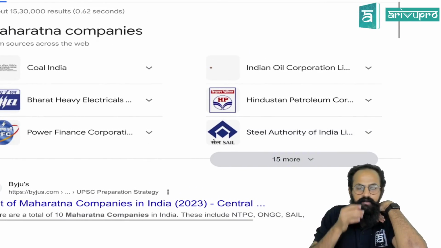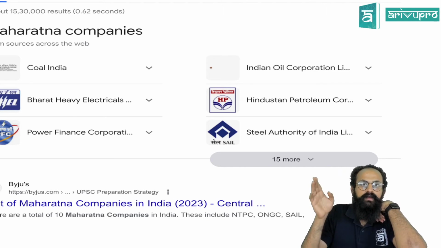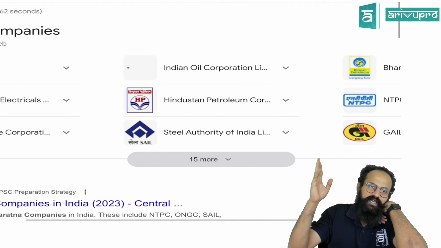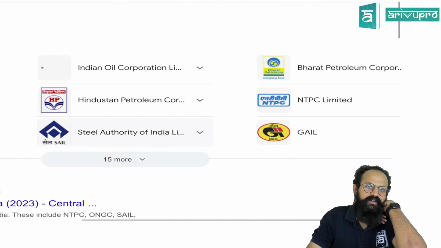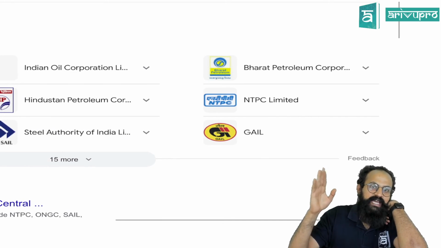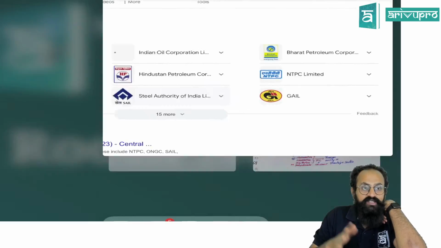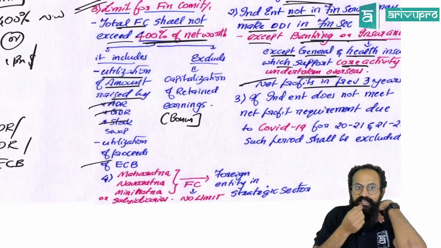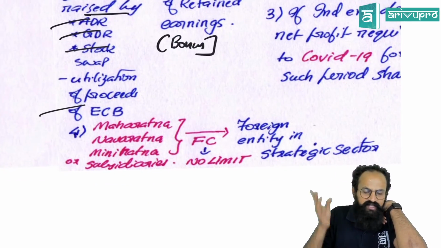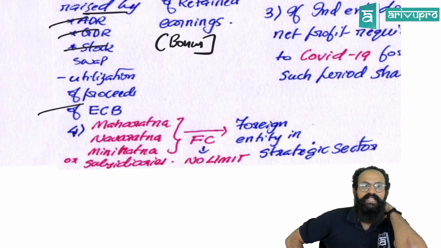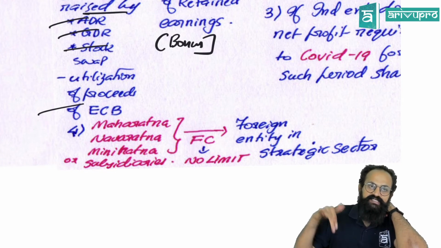Yes, now for example, see here. Maharatna companies: Coal India, Indian Oil, Hindustan Petroleum, Steel Authority, Bharat Petroleum, GAIL. So all these are Maharatnas. ONGC is there, yes. So all these people are classified into Maharatna, Navaratna, Mini Ratna, or even their subsidiaries.